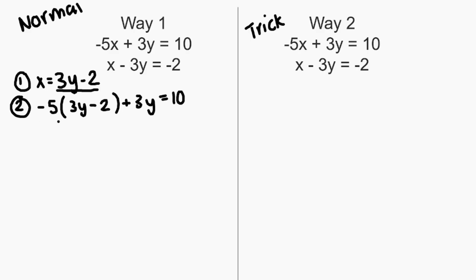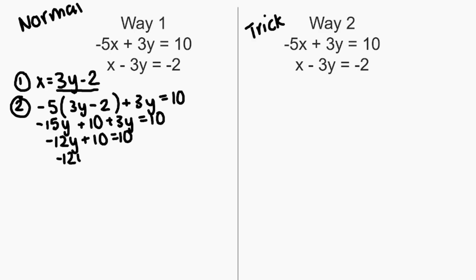So we'll get negative 15y plus 10 plus 3y equals 10. So simplifying further, we get negative 12y plus 10 equals 10. And then negative 12y equals 0. So we know that y equals 0.